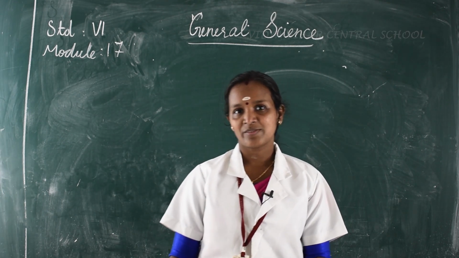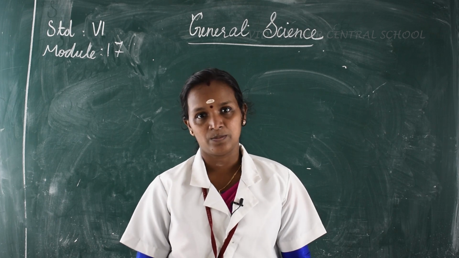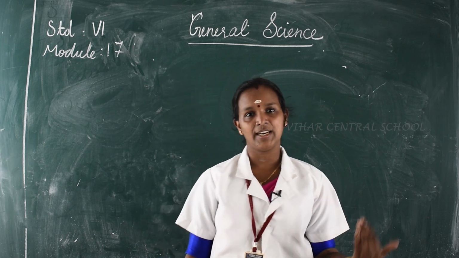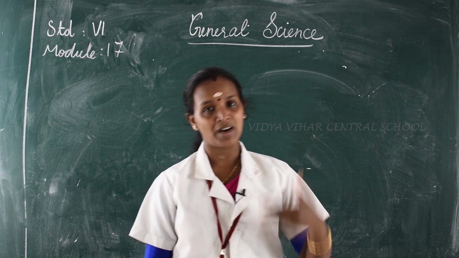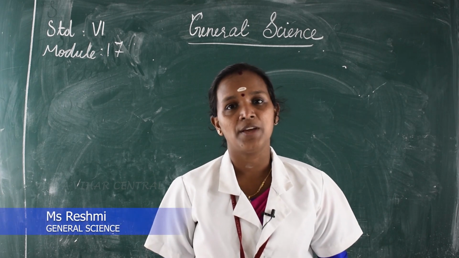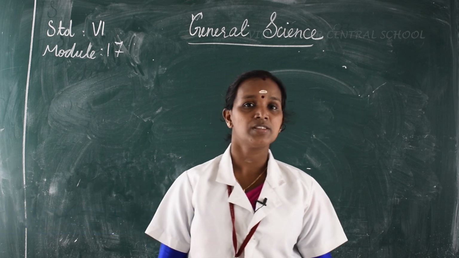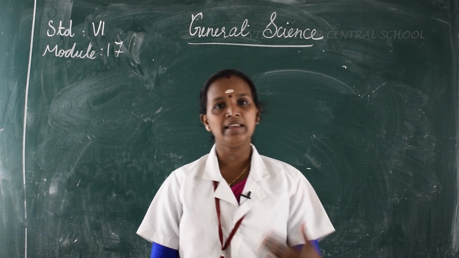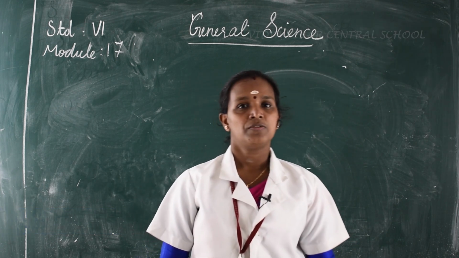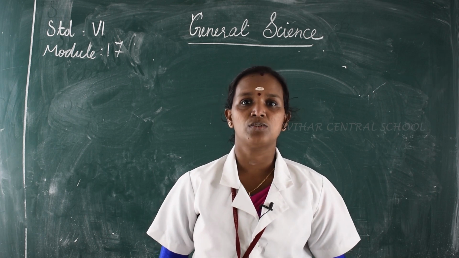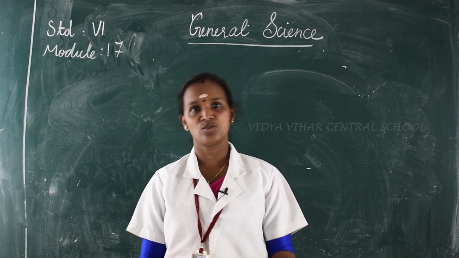In the last class, we studied the skeleton. We studied the different parts of the skeletal system and the function of the skeletal system. We discussed that the skeletal system helps us to move from one place to another.